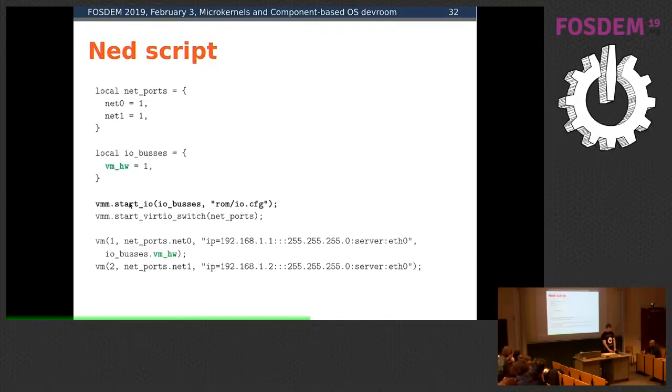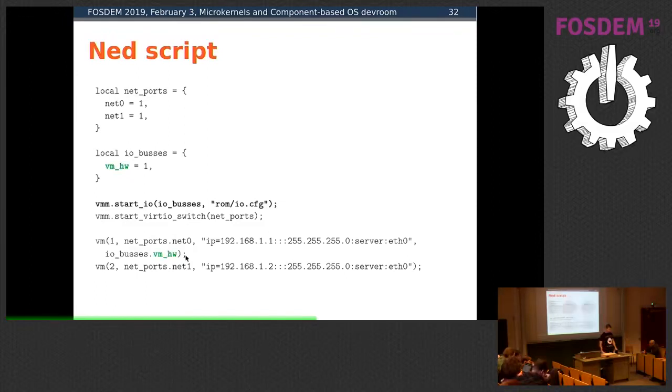So when we have our table with the I/O buses, we just call the vmm.lua function called start underbar I/O, pass the table to it, and also specify the location of the I/O configuration Lua script. And then we must not forget to also specify the name of the I/O bus to the VM which we want to have access to this bus.